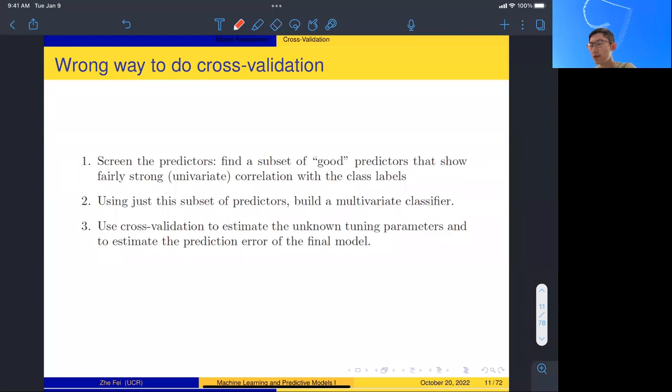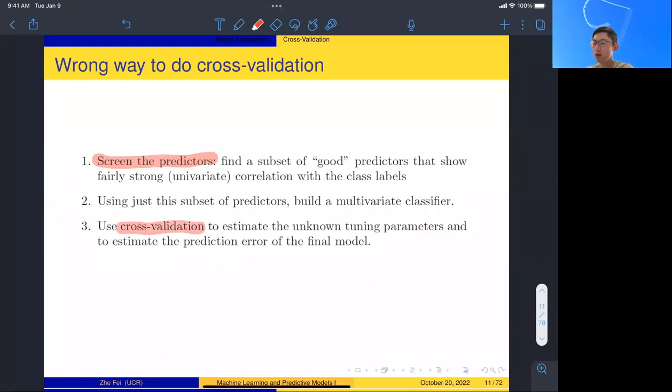Oftentimes we want to do some sort of screening if we have a larger number of predictors. The wrong way to do cross-validation here is to perform the screening before cross-validation.